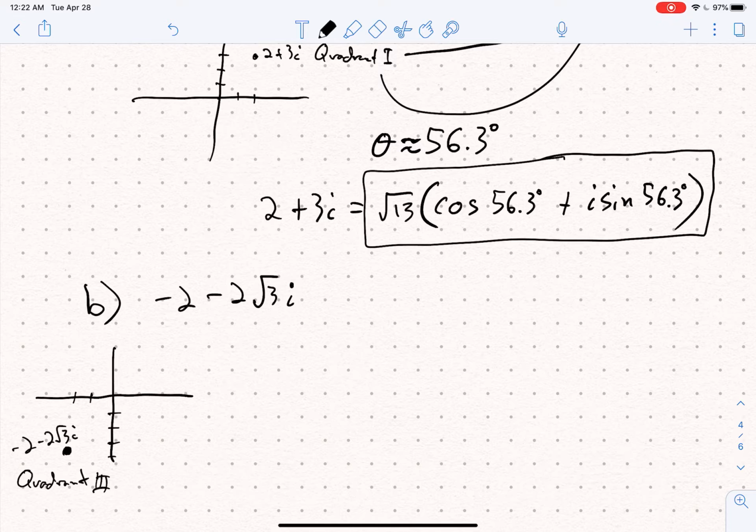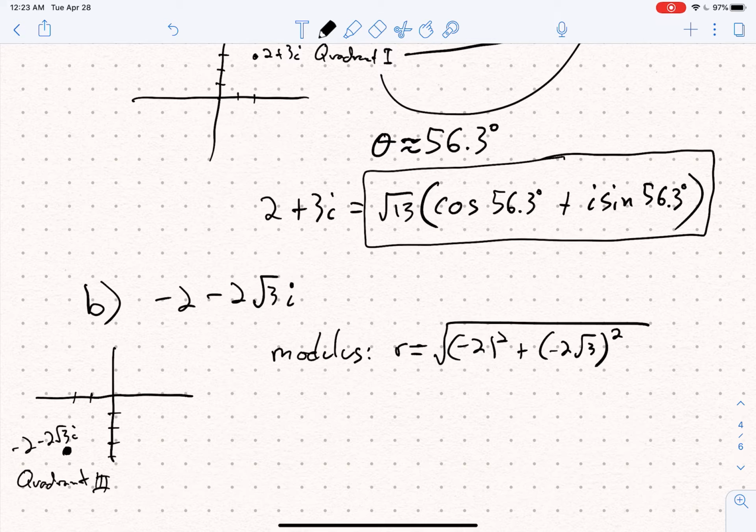Now, let's imagine we're starting with negative 2 minus 2 radical 3i. We need to find two things. We need to find the modulus, and that's r is equal to the square root of a squared plus b squared. A is negative 2 squared plus b, which is negative 2 radical 3 squared.